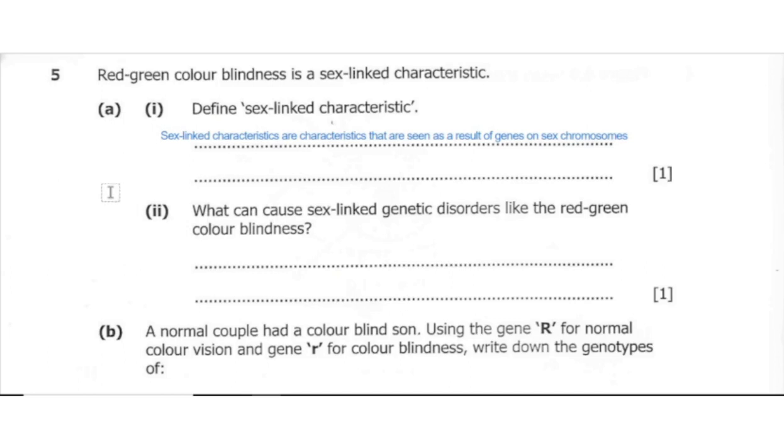Question number 5A2: what can cause a sex-linked genetic disorder like red-green color blindness? One thing that can lead to that is radiation. Being exposed to radiation will also cause that.